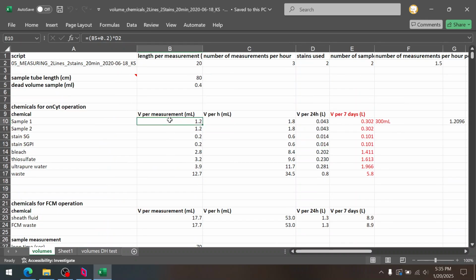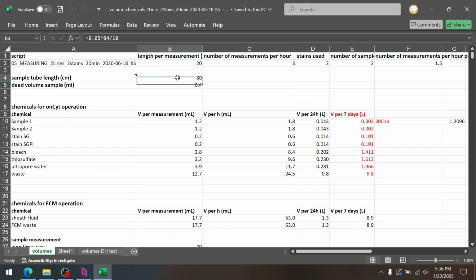So first of all, this is for calculating the total volume you have to prepare. But the second thing related to the dead volume is in the script. Unfortunately, I don't have the script here, but in the script there will be some commands like replace the dead volume. So you have to make sure that you replace the dead volume completely.